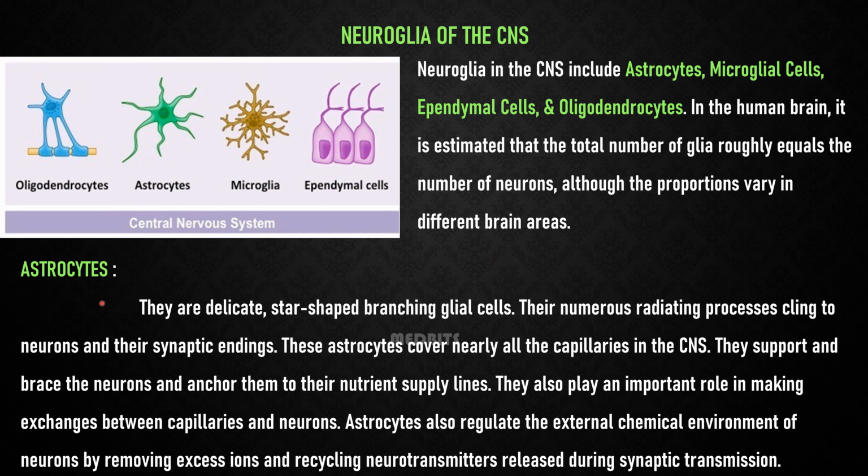So let's begin with astrocytes. They are delicate star-shaped branching glial cells. Their numerous radiating processes cling to neurons and their synaptic endings. These astrocytes cover nearly all the capillaries in the CNS.